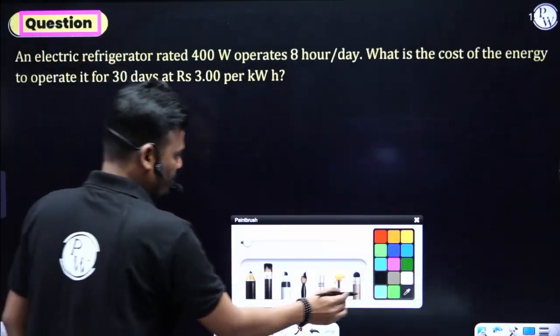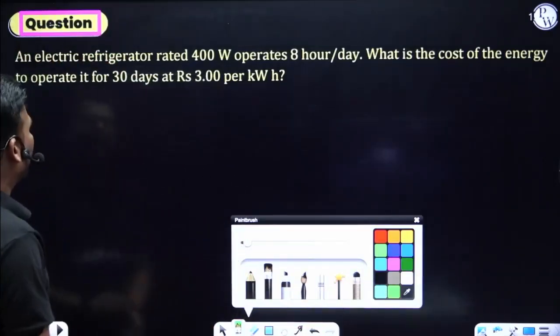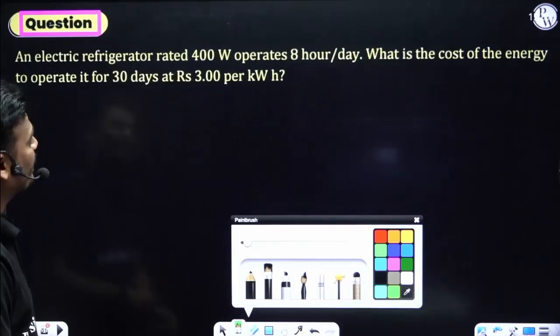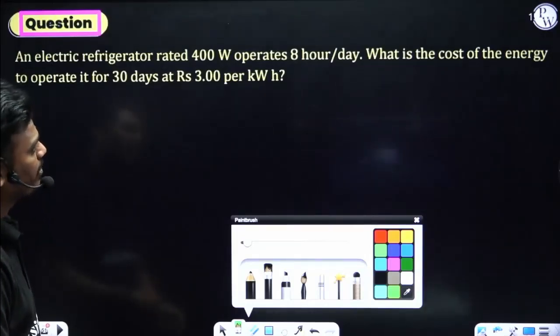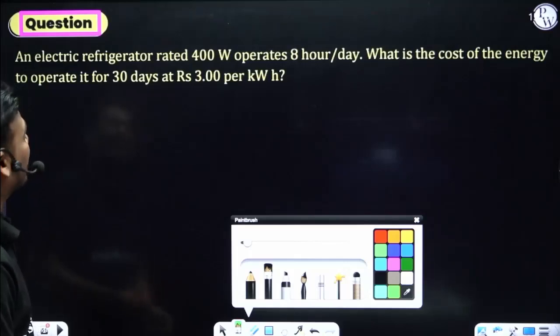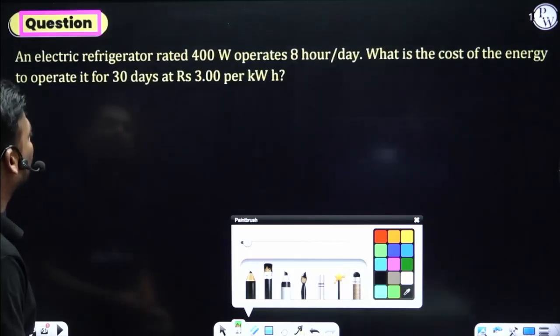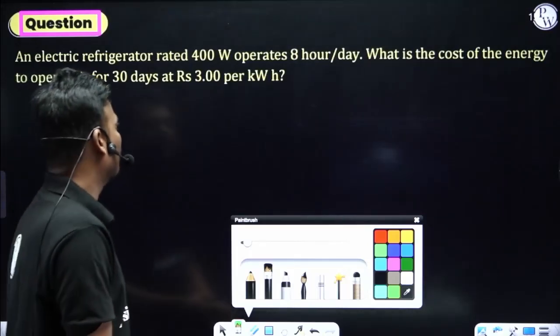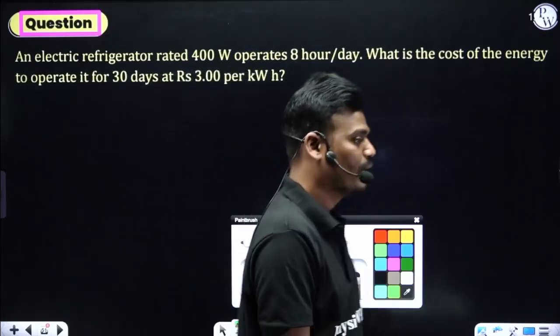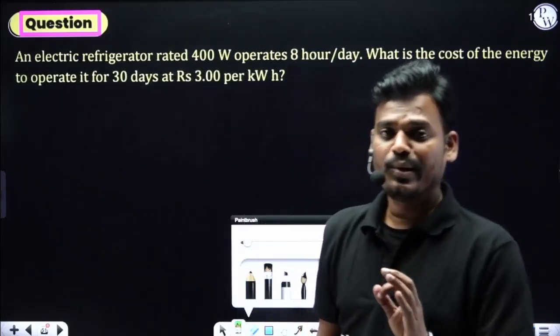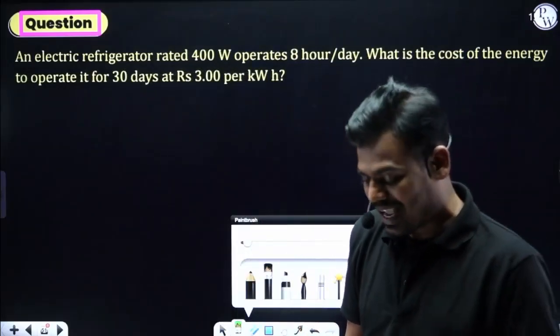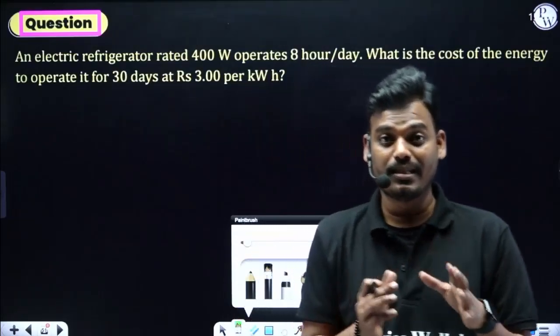Now the next question, and the last question also: an electric refrigerator rated 400 watt operates 8 hours per day. What is the cost of the energy to operate it for 30 days at rupees 3 per kilowatt hour? So the commercial unit of electrical energy, what does that mean? Every month we pay an electricity bill, right?